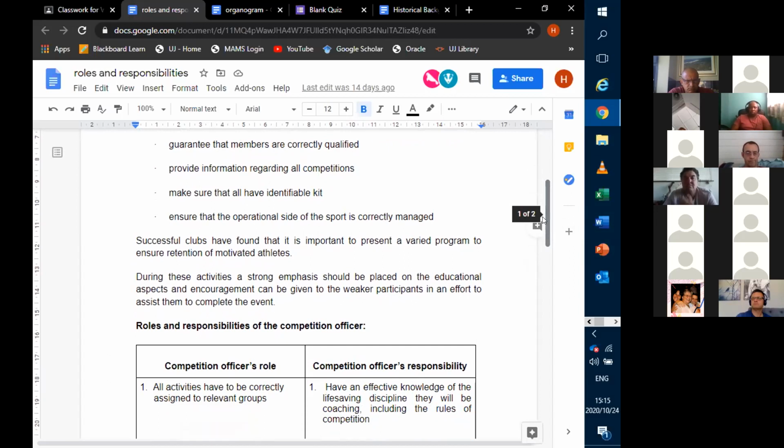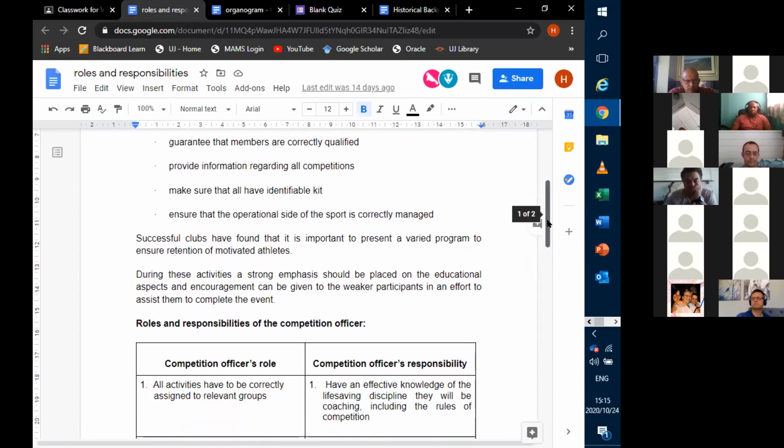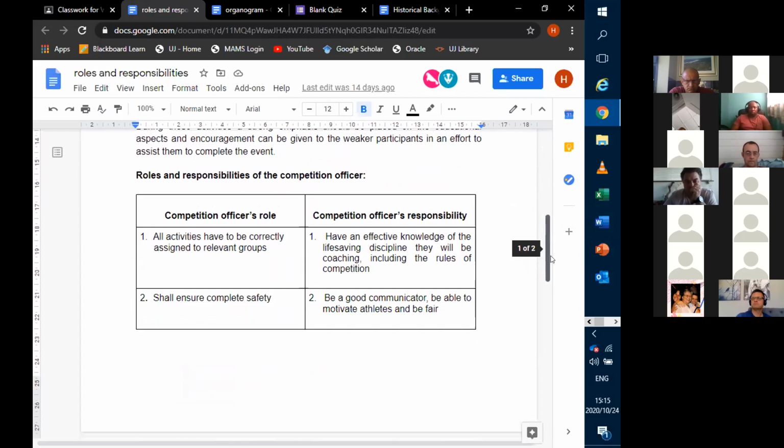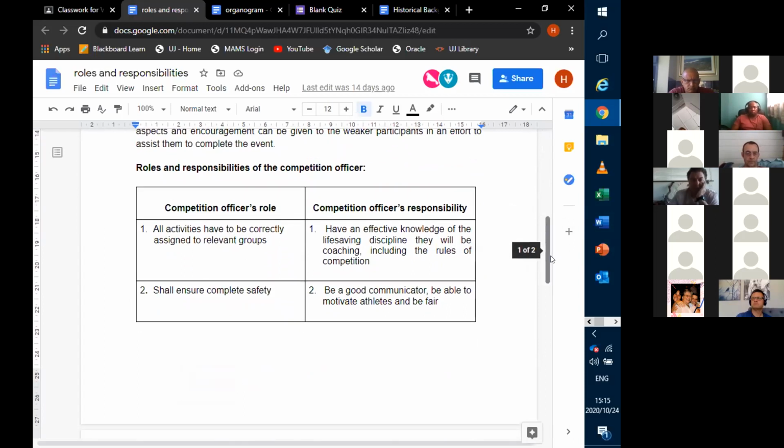Okay, I'm just going to go to the role and responsibilities of the competition officer. The competition officer's role is that all activities have to be correctly assigned to relevant age groups. And then the competition officer's responsibility is to have an effective knowledge of life-saving disciplines they will be coaching, including the rules of the competition.